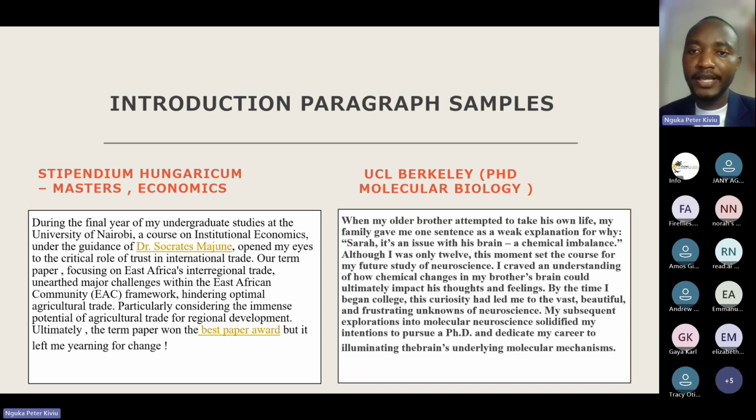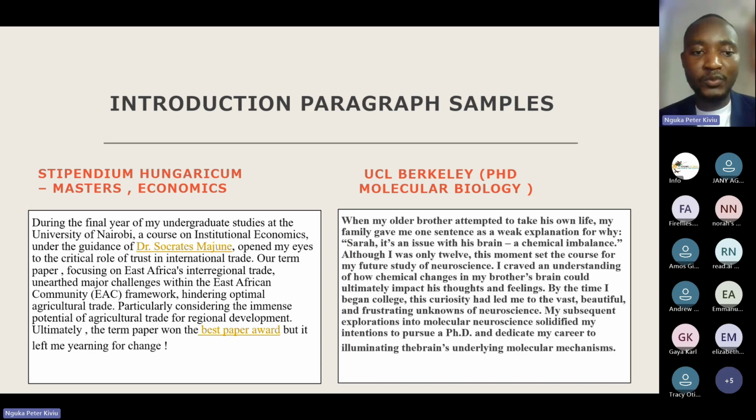Okay. So that was my essay for my scholarship here in Budapest. And from that introduction, you are able to see that my interest is in trade. So when a professor reads that first introduction, he's able to see that this student wants to study trade. That is where his interest lies.